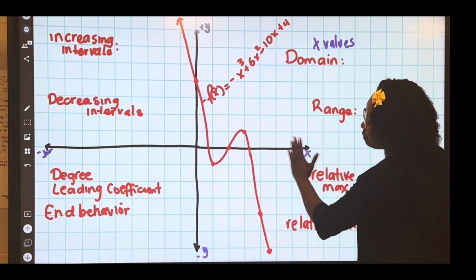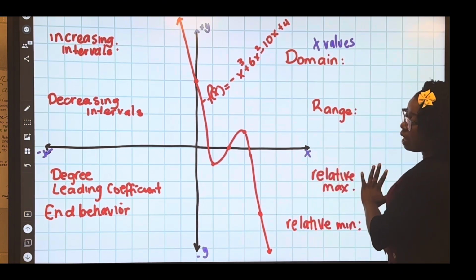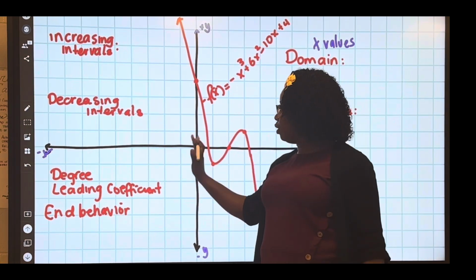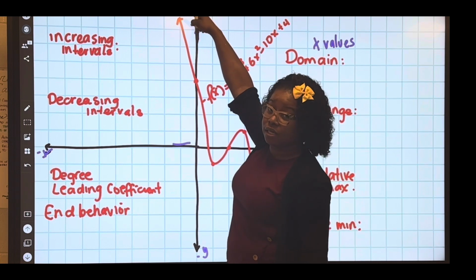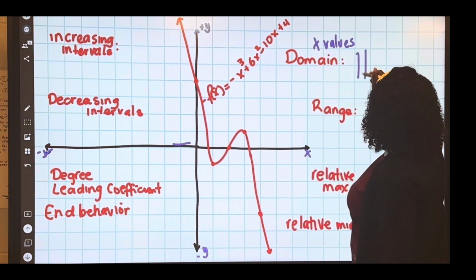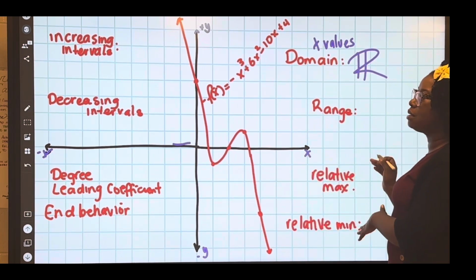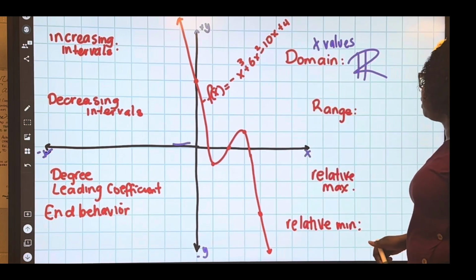So as x gets bigger, the function here gets longer. So we see x continues into positive infinity. But on your left hand side, as you go along the x-axis, the graph you're seeing is going to be extending upwards. So we're going to say it's all real numbers because it doesn't stop. The more x you add to this function, the longer your graph is going to be.